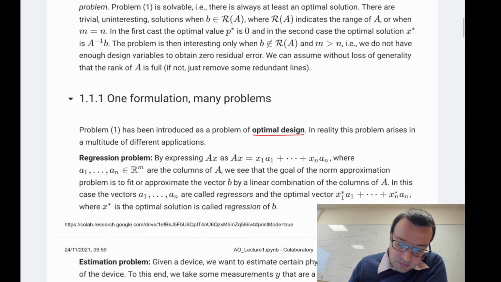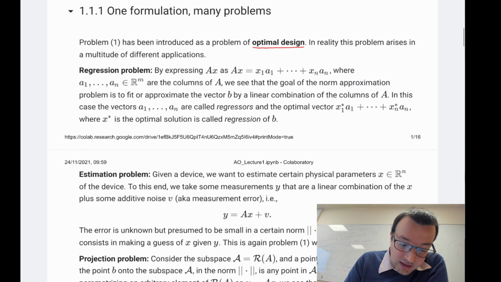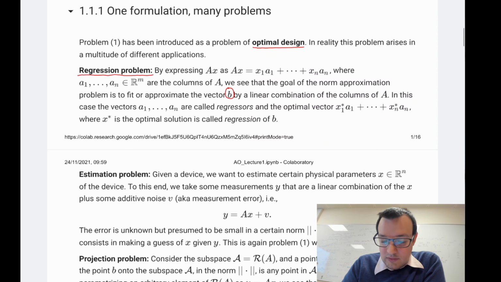For instance, this problem is also known as a regression problem. And in the regression problem, what we are given is a vector b, and our objective here is to approximate or fit the vector b by using a linear combination of the columns of A.